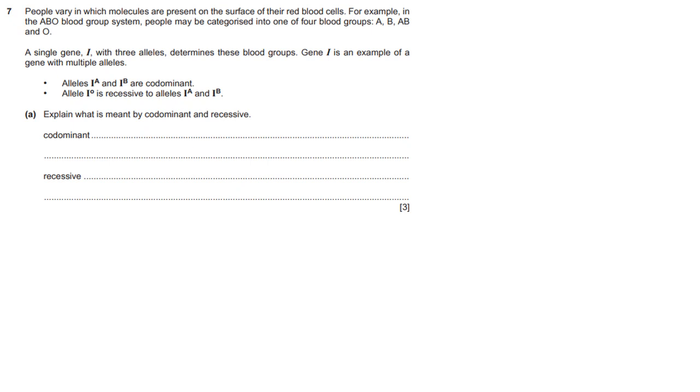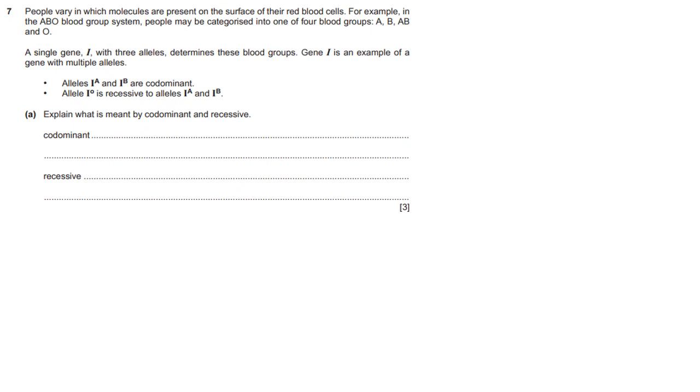Okay, let's look at number 7. Number 7 is inherited change. This is chapter 16 in the textbook. It's one of my favorite chapters. Let's look at what they ask you here. People vary in which molecules are present on the surface of their red blood cells. For example, in the ABO blood group system, people may be categorized into one of 4 blood groups.